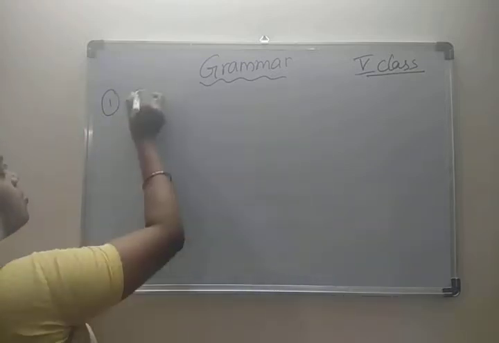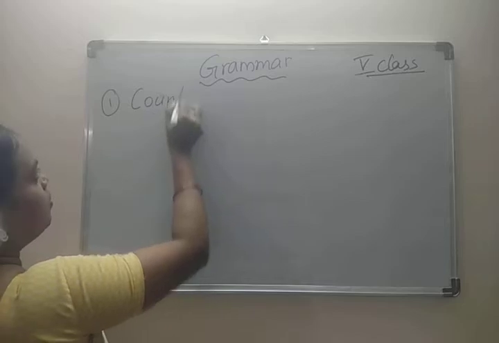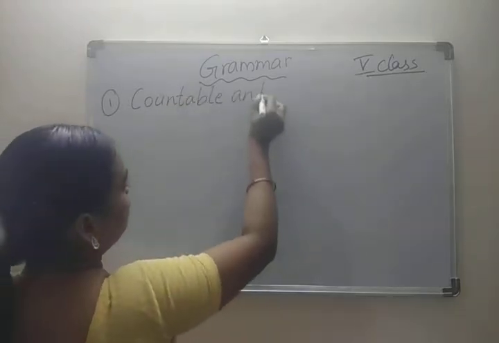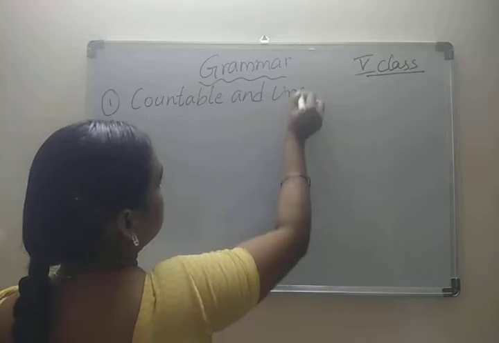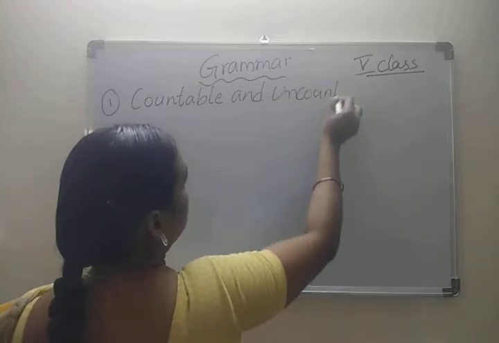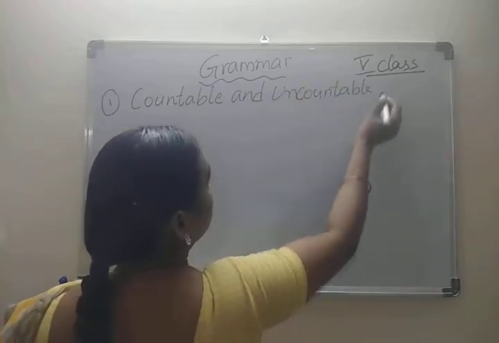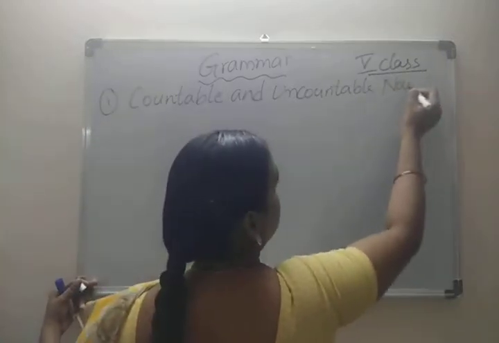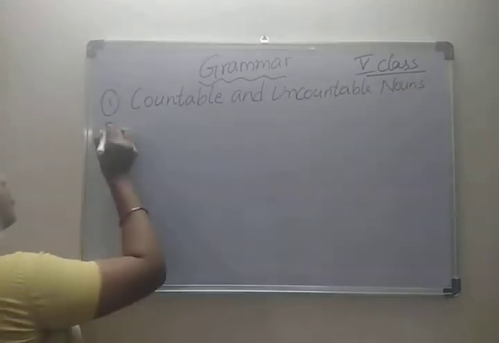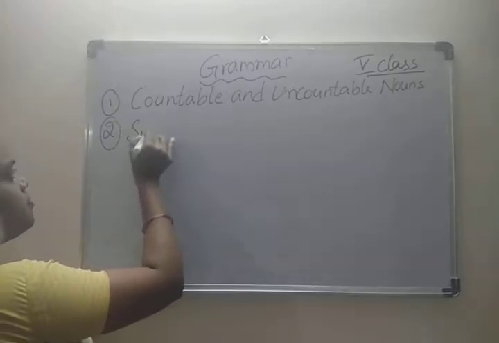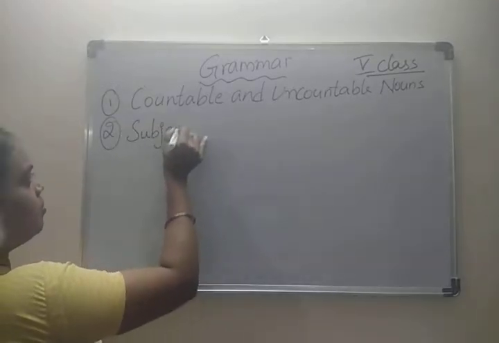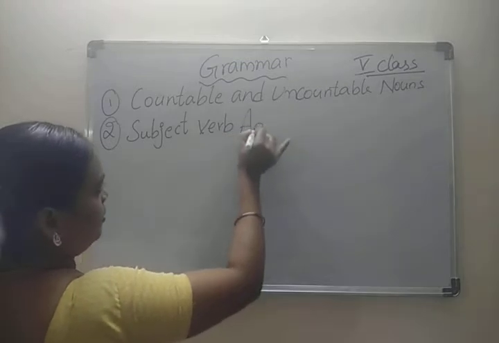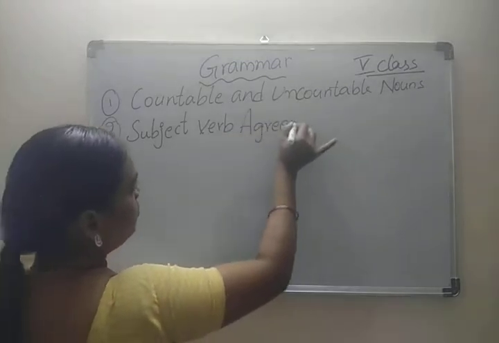One is countable and uncountable nouns, and the second one is subject-verb agreement.